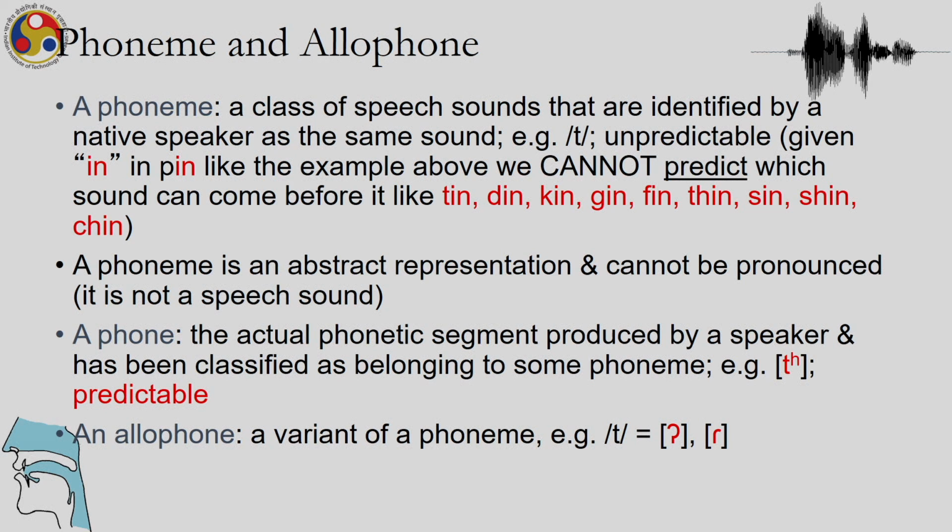So, it is what is there beneath the surface manifestation of sounds. An important term used by phonologists is also phone, that is the actual phonetic segment produced by the speaker, and which has been classified as belonging to some phoneme, whereas an allophone is an actual variant of a phoneme.